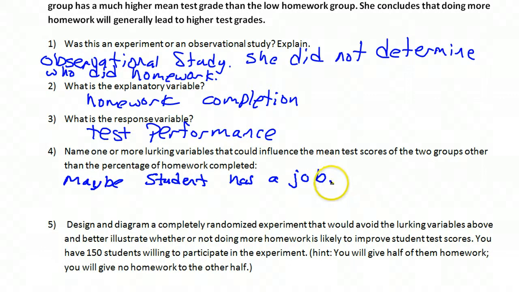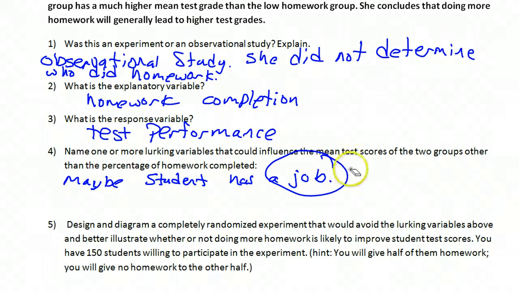Also because they have a job, they're not getting enough sleep. They're tired. They're not paying attention in class. Because they have a job, they're sleepy all the time, and as a result, their test scores are going down. So maybe the job is causing them not to do their homework and have bad test scores. So the homework might not be causing the bad test scores. It might be the job.